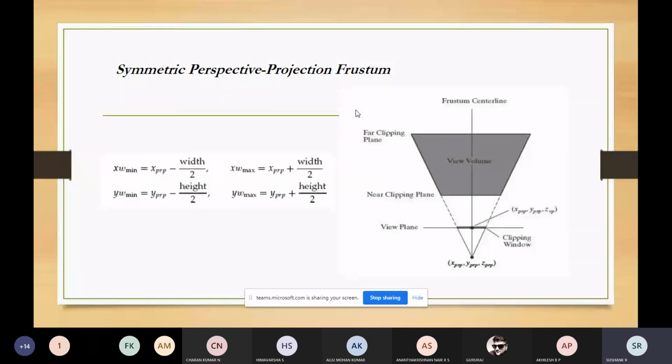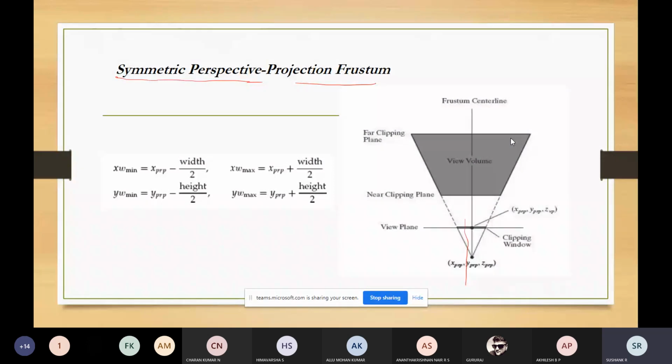This case is an example of a symmetric perspective projection frustum. You can see the symmetry. There is one line which is dividing this view volume into two parts. So what is this symmetric perspective projection frustum?